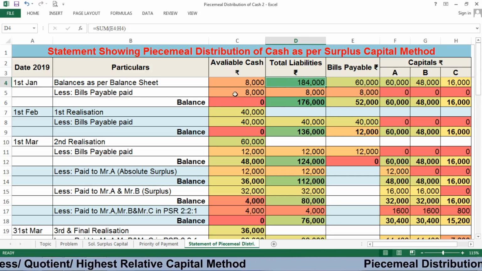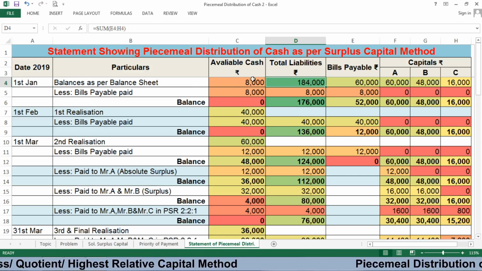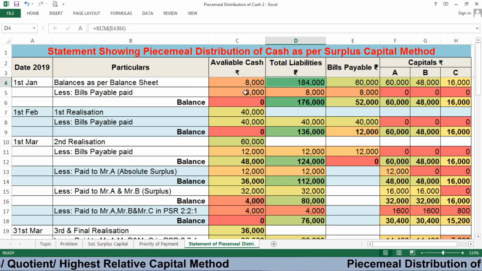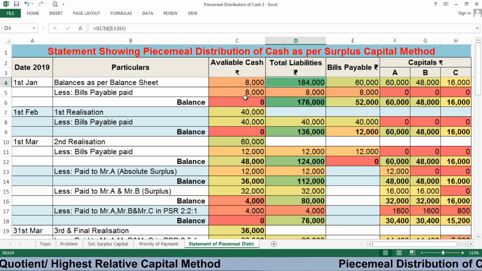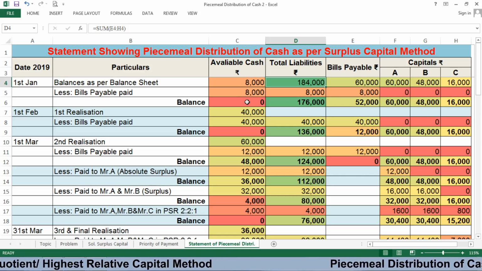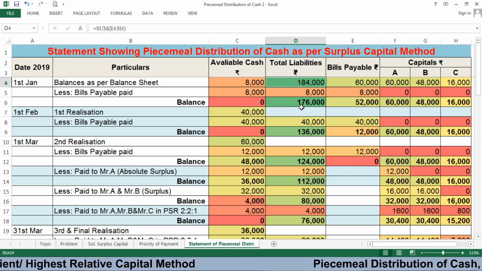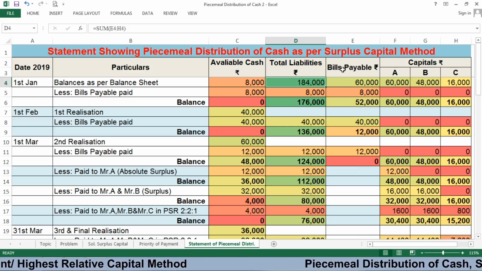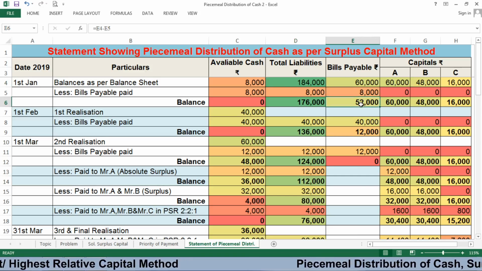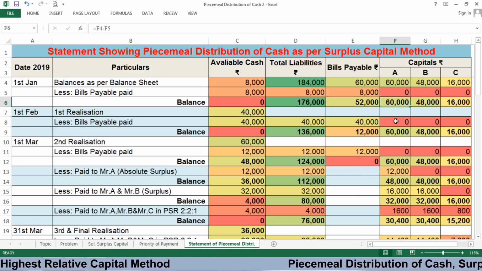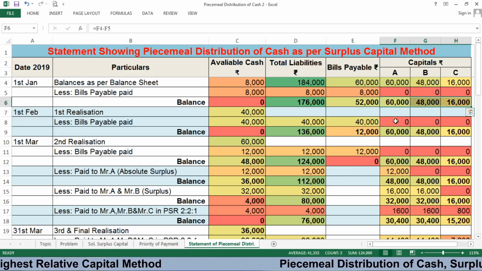In the first stage we have 8,000, so we will pay 8,000. After the payment of 8,000, our balance in hand will be zero, while our total liability still remaining is 1,76,000, and the bills payable amount still remaining is 52,000. However, the capital will be as it is, as we have not paid a single rupee to the partners. This is our first step.